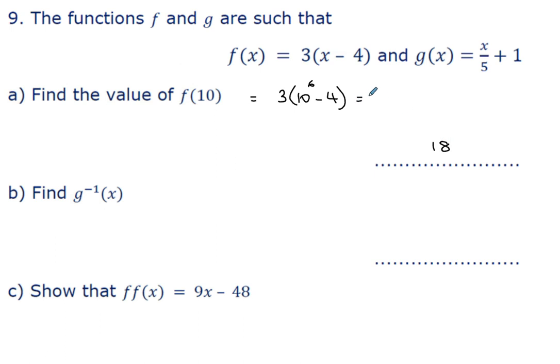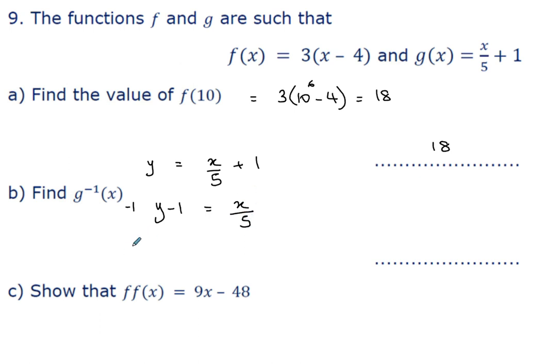Yeah, all right. Good. The inverse function of g. So with the inverse, we just go y equals x over 5 plus 1. Rearranging to make x the subject, so we'll remove the 1 first, so we go minus 1. So we've got y minus 1 equals x divided by 5.